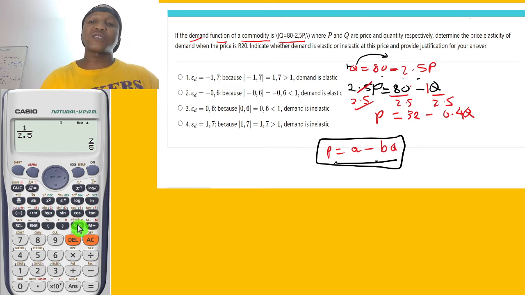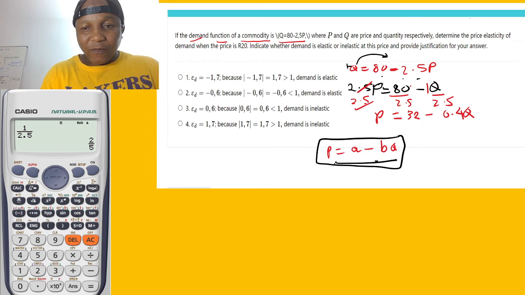See, that's what I was saying. So we have 0.4 right here.